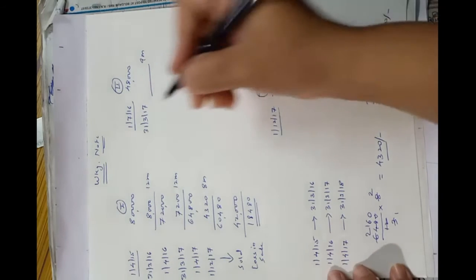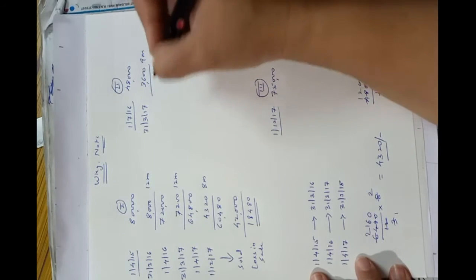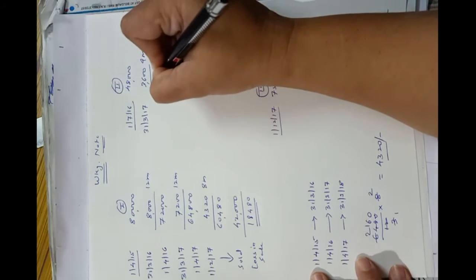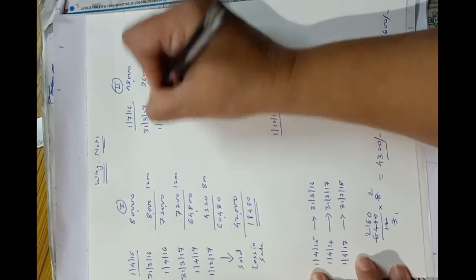So depreciation here will be 3,600. Understood? And after deducting 3,600, 44,400 will be the written down value on 1st April 2017.